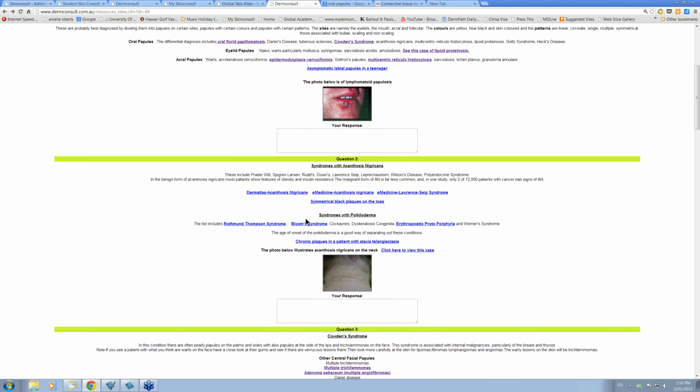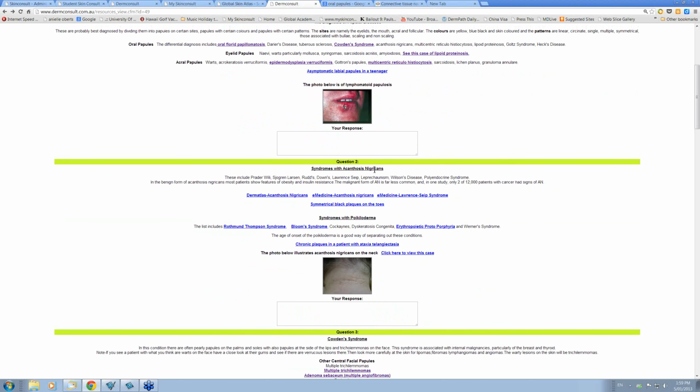Syndromes with acanthosis nigricans. Well, acanthosis nigricans we usually think of in association with insulin hypersensitivity, increased levels of insulin, hyperinsulinemia.